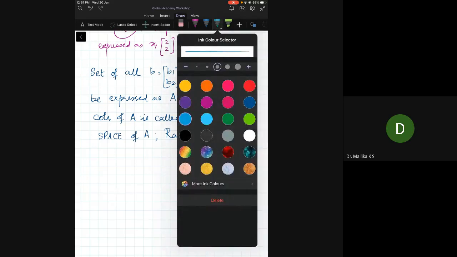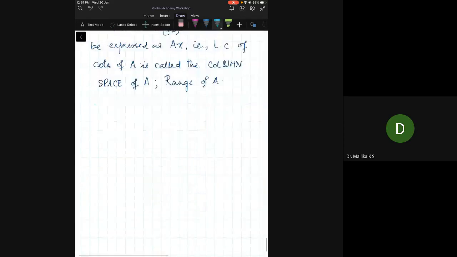Now I'm going to ask another question. Let us take the second example that we took: 2x1 plus x2 is equal to 0, and 4x1 plus 2x2 is equal to 0. Now, instead of 0, I will take b1, b2.